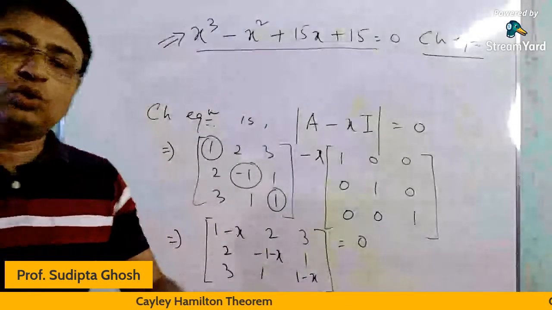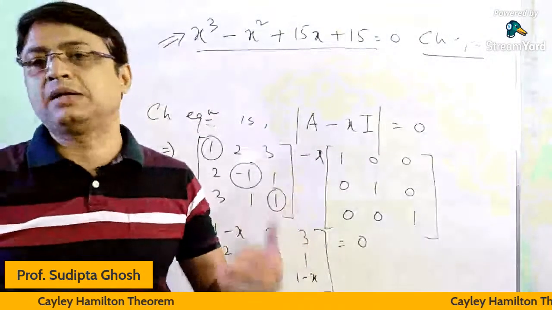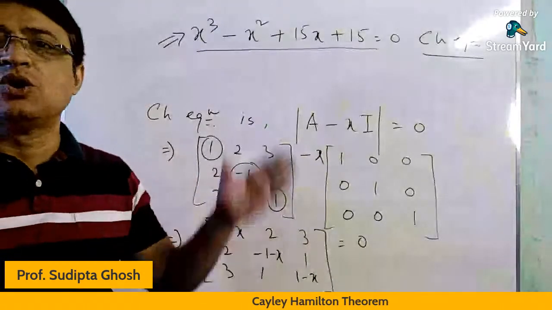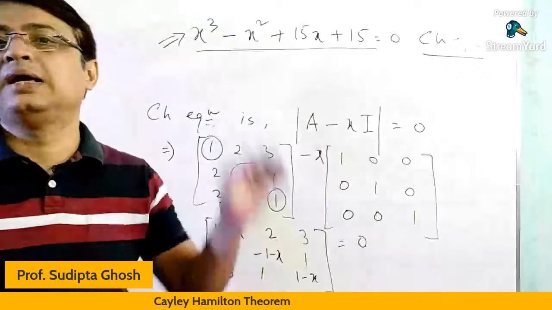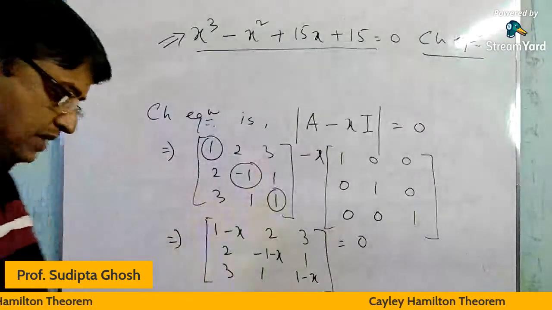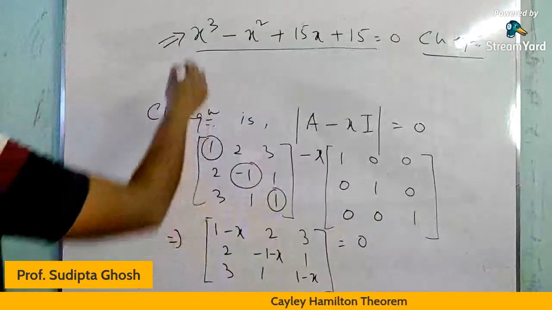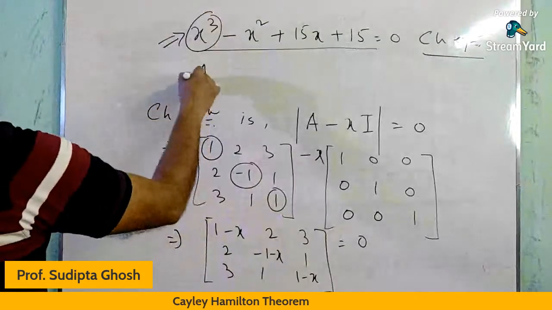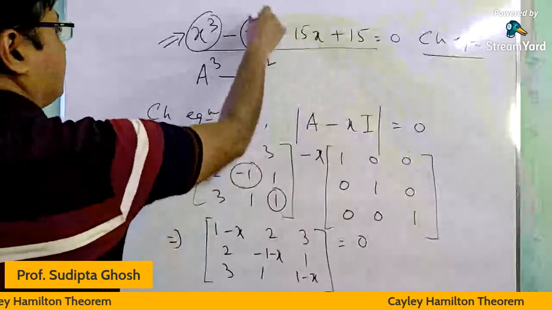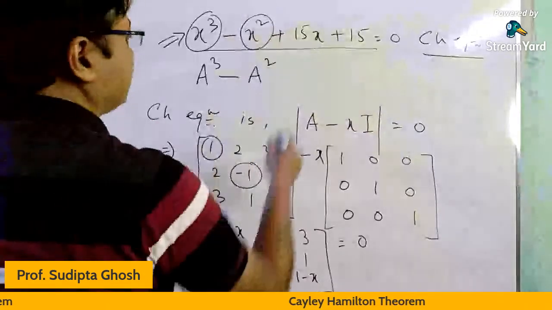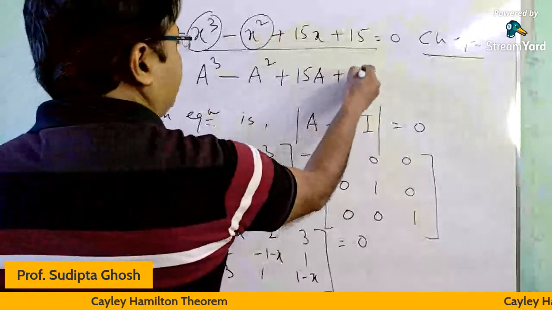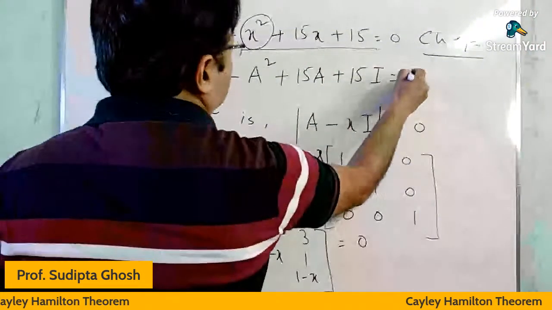As I have told you earlier, from the Cayley-Hamilton theorem expression, you have to replace all x's by capital A. So to verify the Cayley-Hamilton theorem, you have to prove, with x cube meaning A cube, that A cube minus A square, with respect to x square, plus 15A and then plus 15I equals 0.